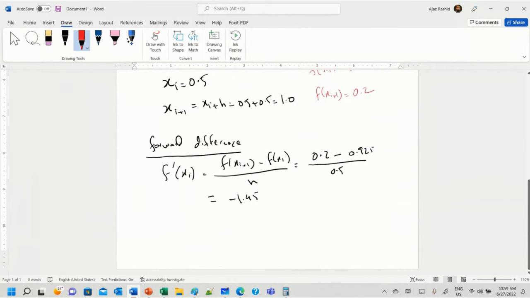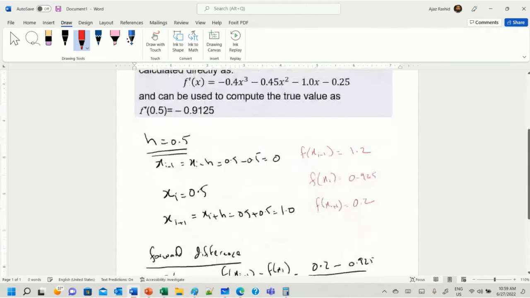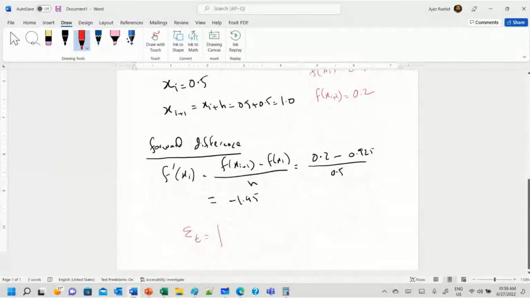I can find the true error here as the true value, which was given to us in the question, is minus 0.9125. Minus and minus becomes plus.